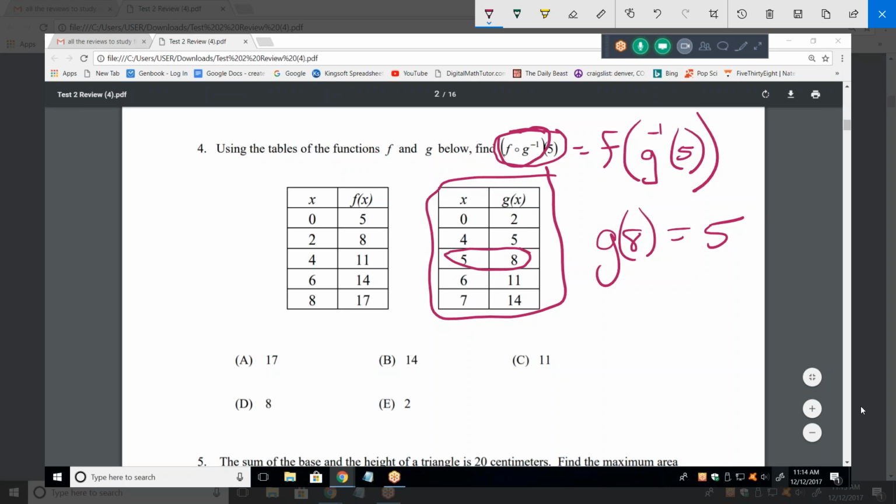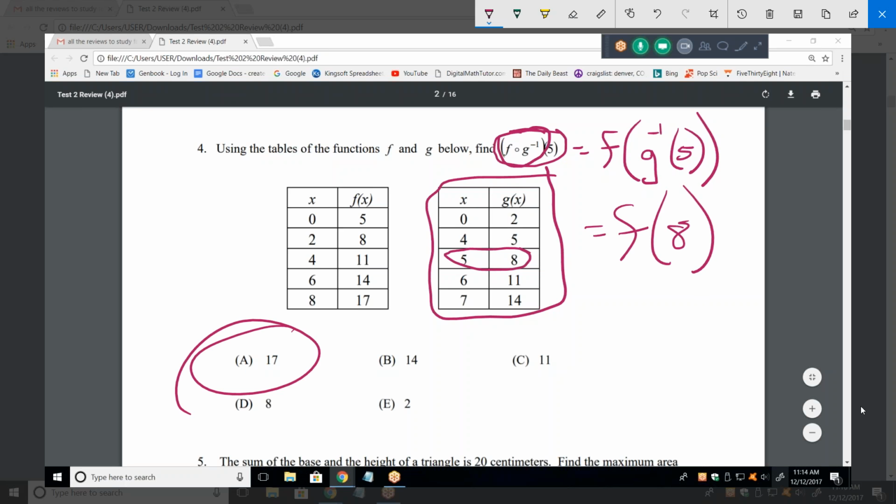And that means that g inverse of 5 equals 8. So the inside is 8. And now all we have to do is figure out what f of 8 is. What is f of 8? 17. Bingo.